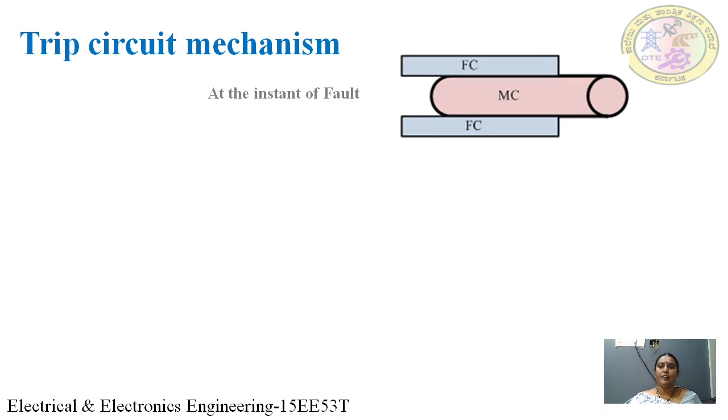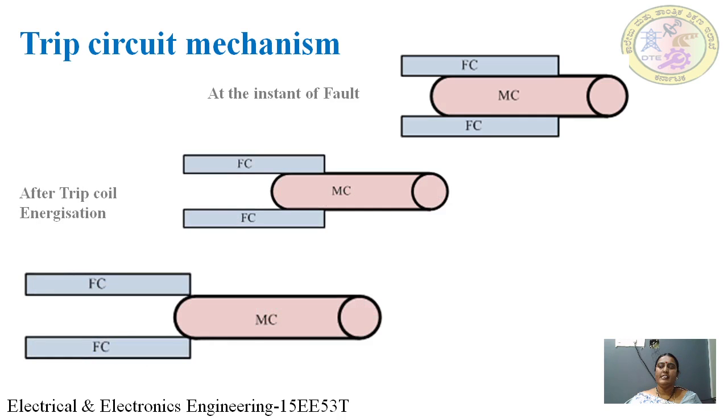At the instant of the fault, the moving contact and the fixed contact are close together, and when there is a tripping mechanism, after the trip coil energization, the contact area between the fixed and moving contacts is more here, and as the figure goes down, the contact area reduces from one figure to another.